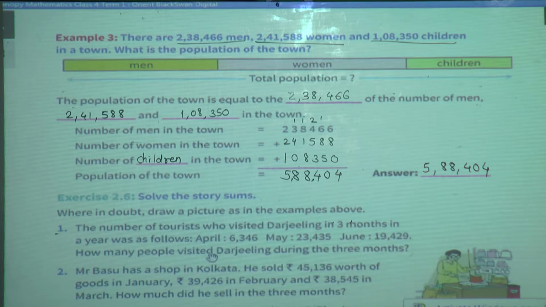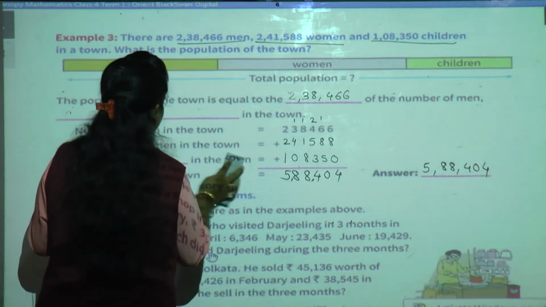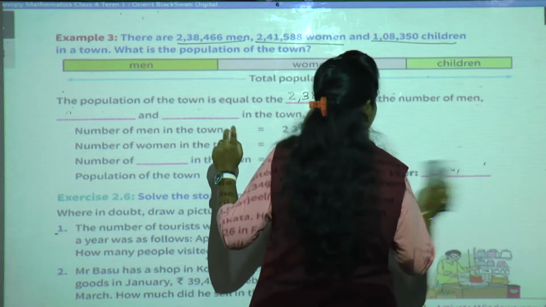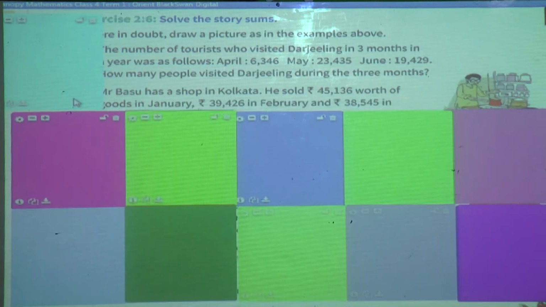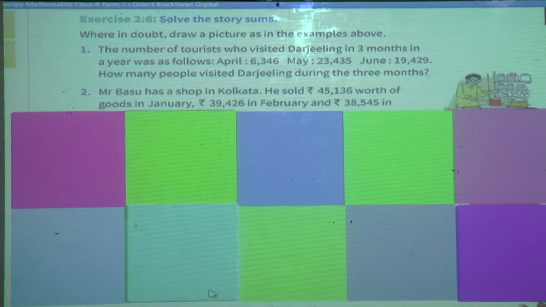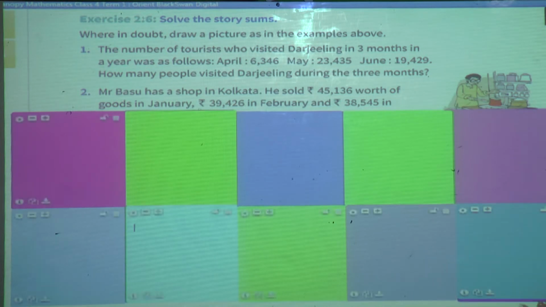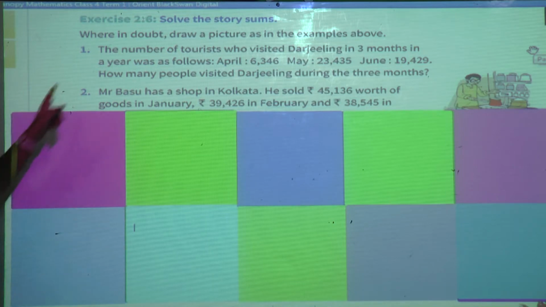Exercise 2.6. Now see, what is the question?